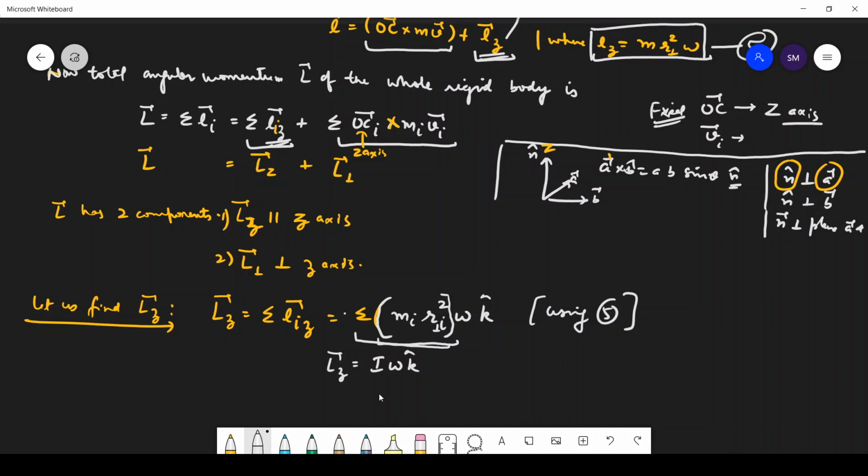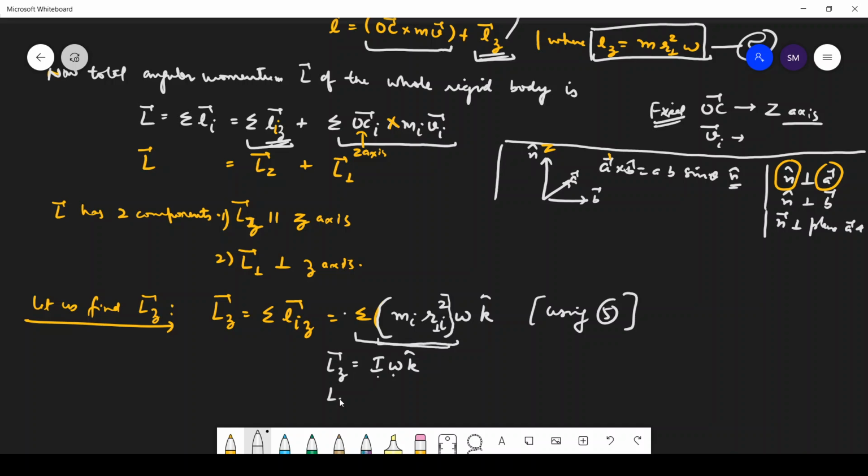Now what about I and omega? So along a particular axis, the moment of inertia of a particular body is constant, right? And angular velocity, we know that it's constant over here. So basically LZ is constant.